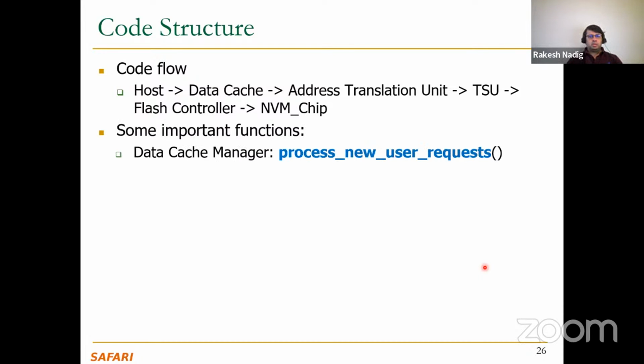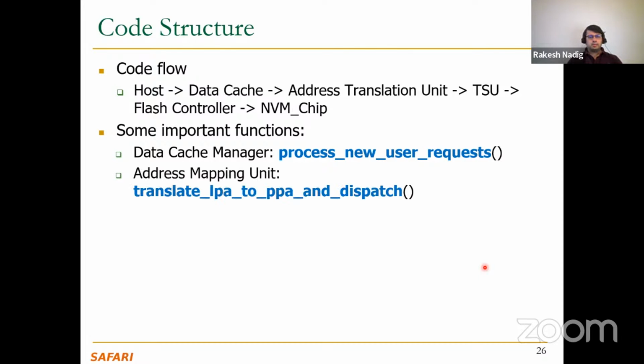Some of the important functions that we need to look at are, for the data cache manager, process new user requests. For the address mapping unit, the translate LPA to PPA and dispatch function. For the transaction scheduling unit, the schedule function.